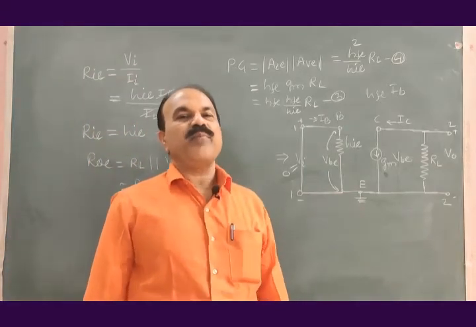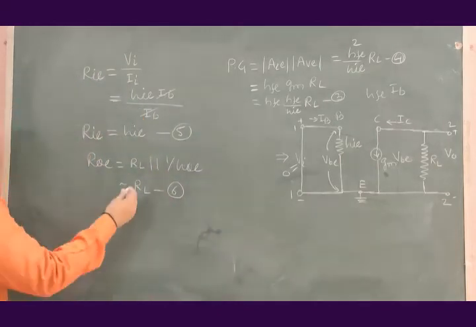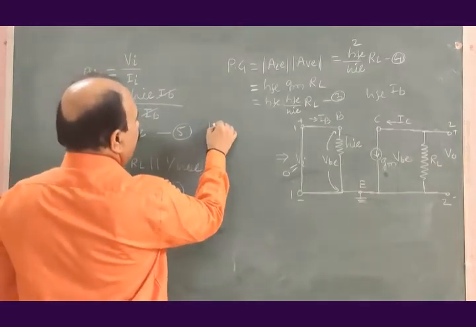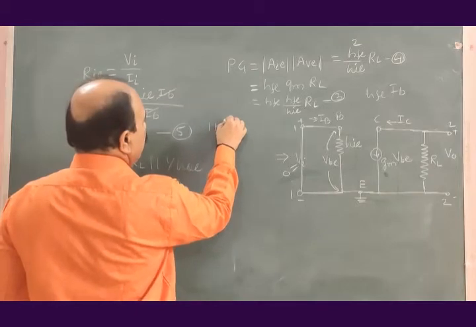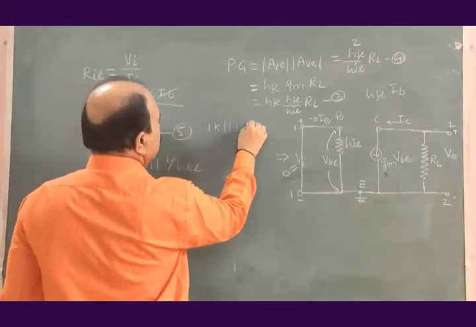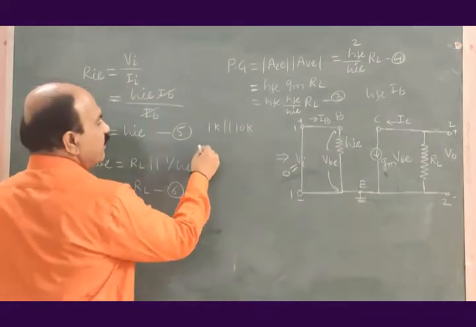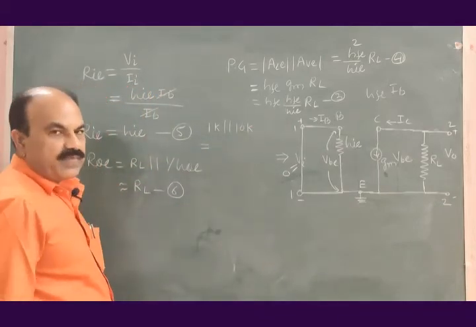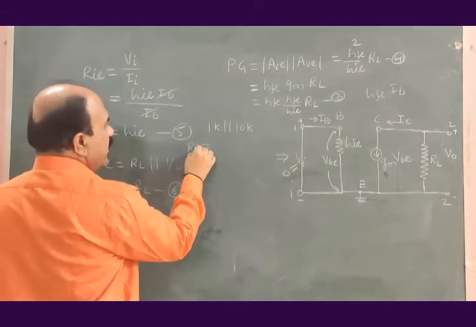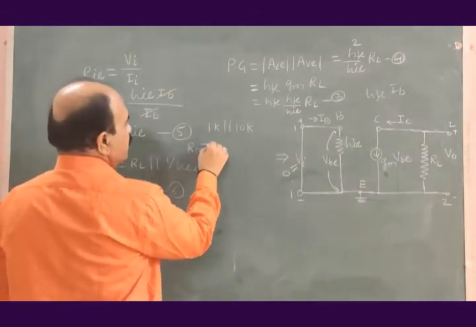What will be the parallel combination of 1 kilo ohm and 10 kilo ohm? 1 kilo ohm connected in parallel with 10 kilo ohm. What is the formula for the resultant of this parallel combination of these two resistances?